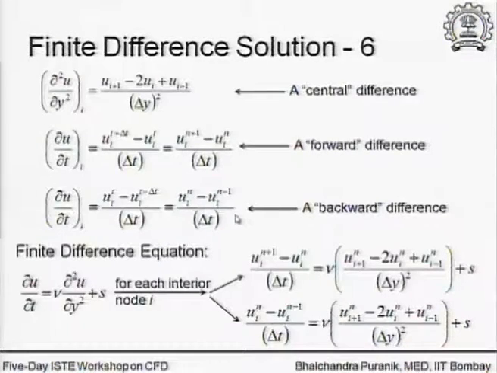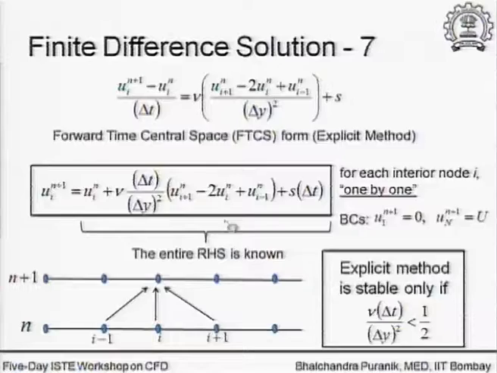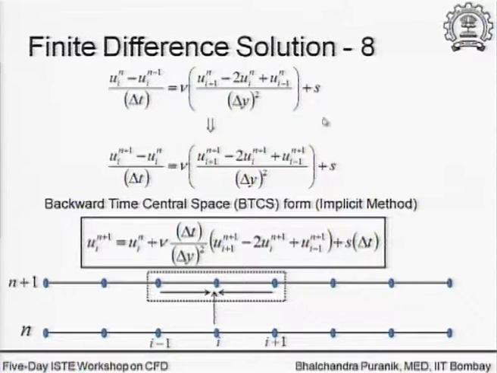So let's see, here, backward time and central space. Let's see if we take that, what happens. So this is the expression that I had written earlier, u_i^n minus u_i^(n-1), etc. So this n is really a dummy index in that sense. So what I am doing is I am replacing n by n plus 1.